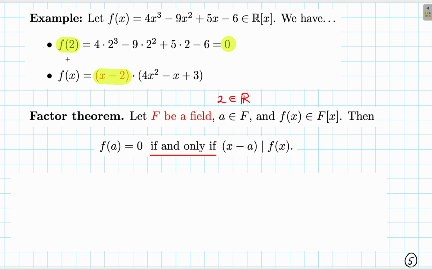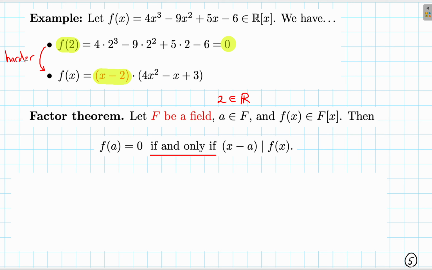So if we go back to our example, if f of 2 is equal to 0, then x minus 2 is a factor of f of x. This direction happens to be the harder one of the two.